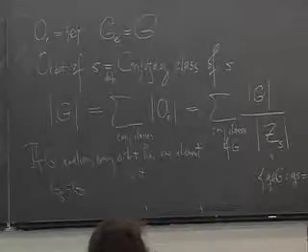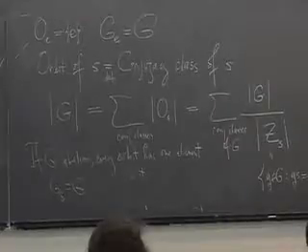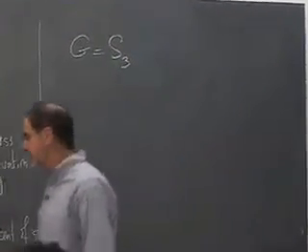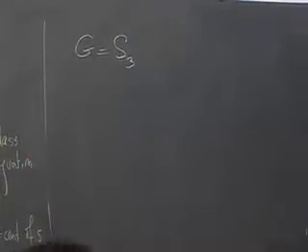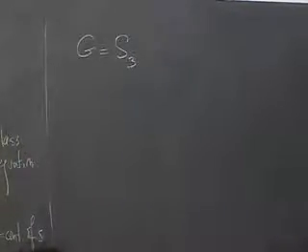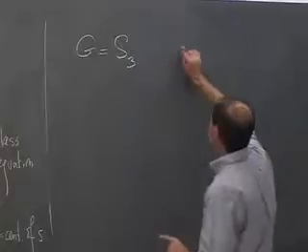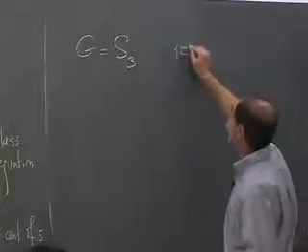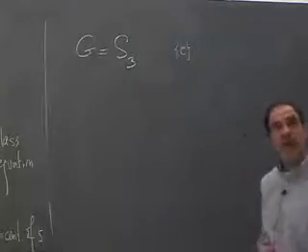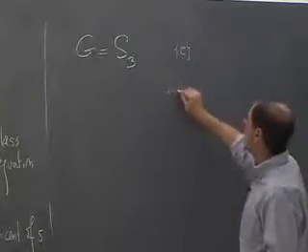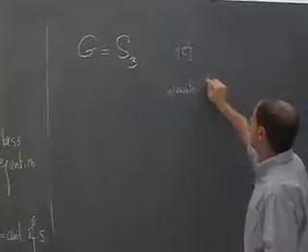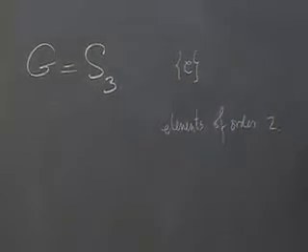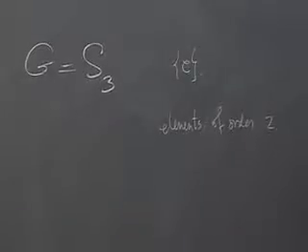So, for example, let's take a look at the symmetric group on 3 letters, which is our first non-abelian group. The symmetric group on 3 letters has the identity. That commutes with everything. That's one conjugacy class. Another conjugacy class is the elements of order 2. Those are what we call transpositions, things that fix something.